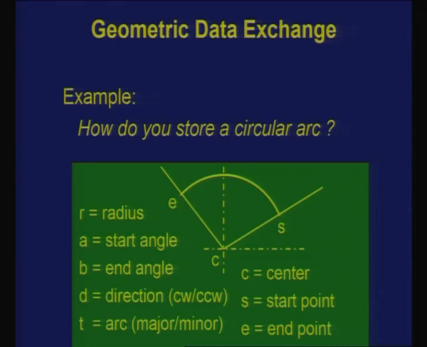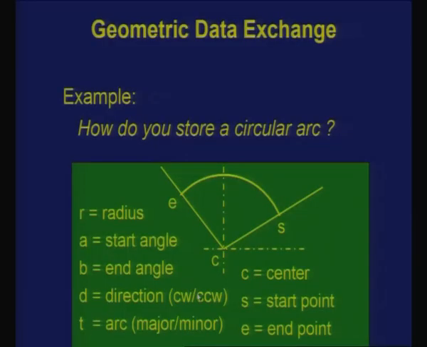Given a particular object, what parameters should be selected in order to represent it? Somebody may say these are the possible parameters. Radius of the arc is important. A is a start angle, like if this is my x axis, the angle which the starting point makes with the x axis is important, I can call it the start angle.